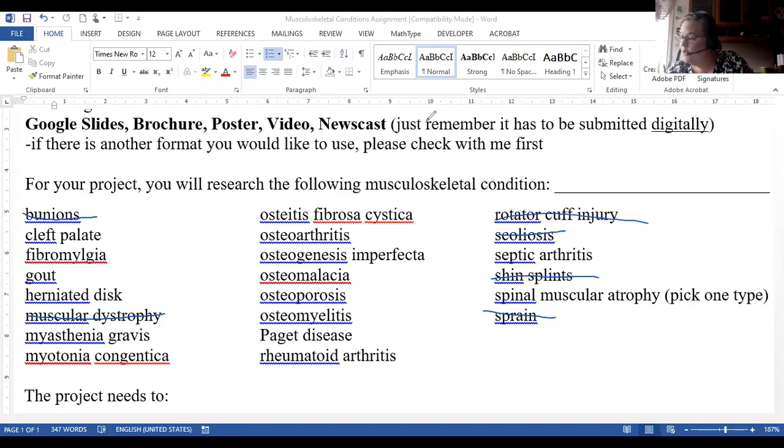Next we have Owen. Okay, and Owen has chosen cleft palate. Okay, and Jimin, you're next.